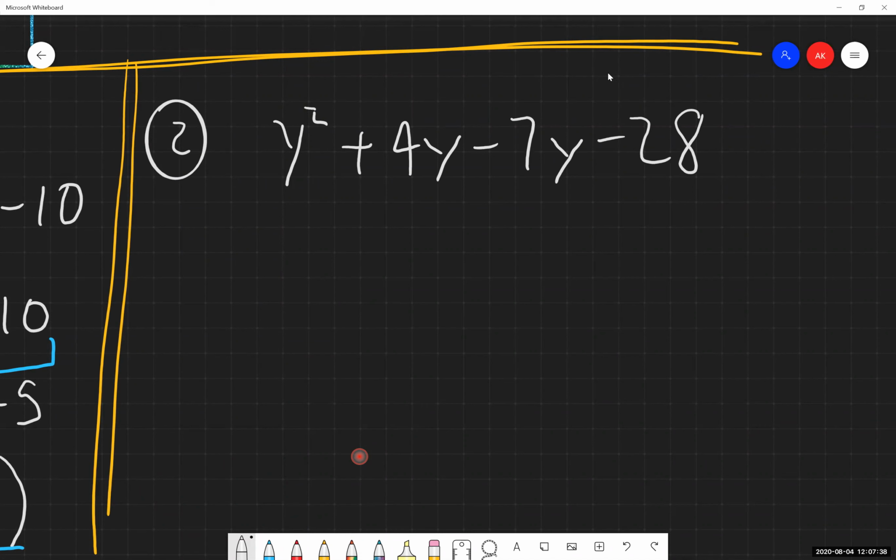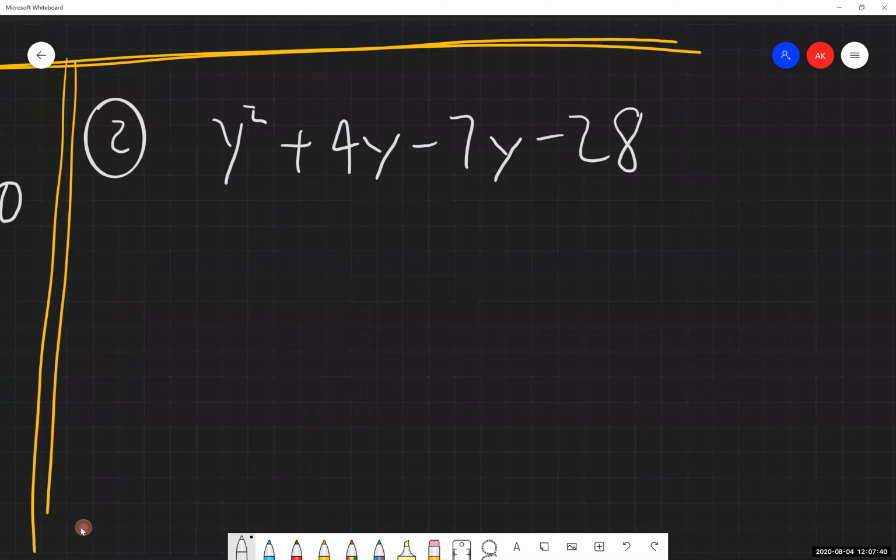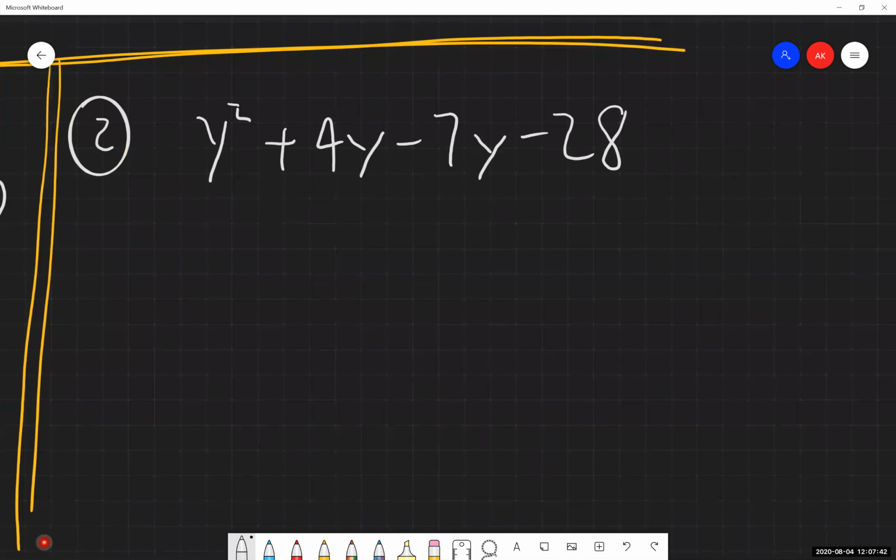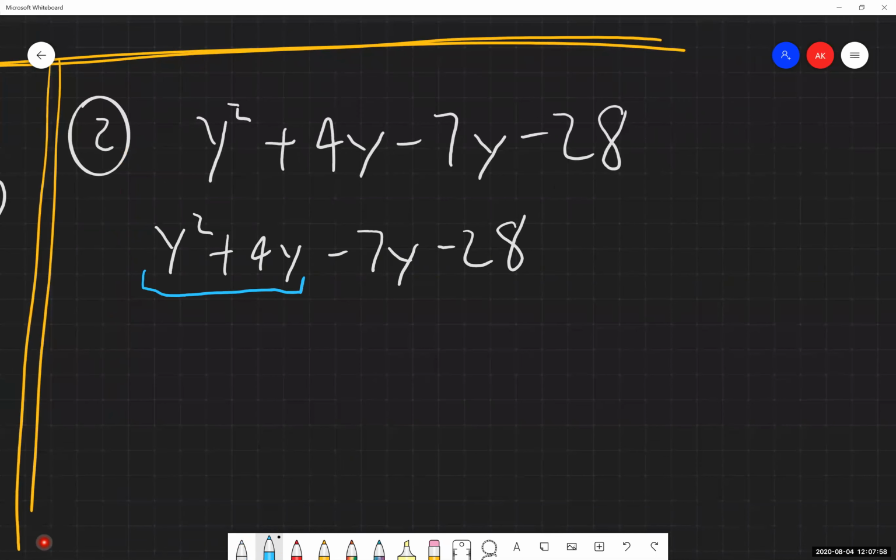So again, factoring by grouping, I like rewriting the expression and then doing some kind of underline to tell myself I'm working with this group and then that group. The first grouping is the first 2 terms, and the second grouping is the last 2 terms.